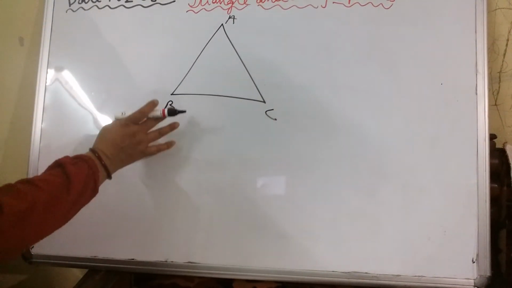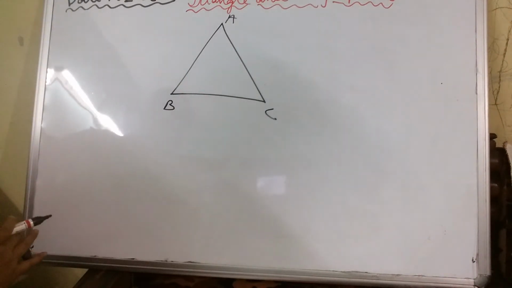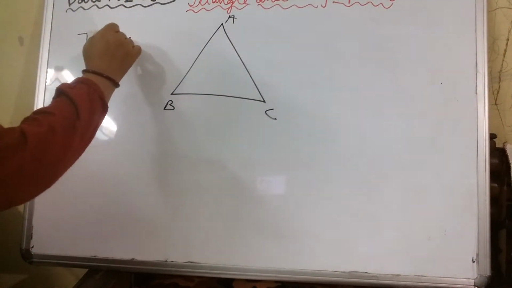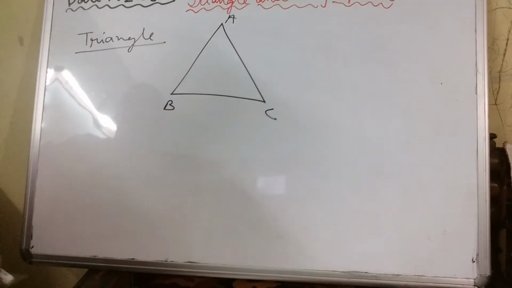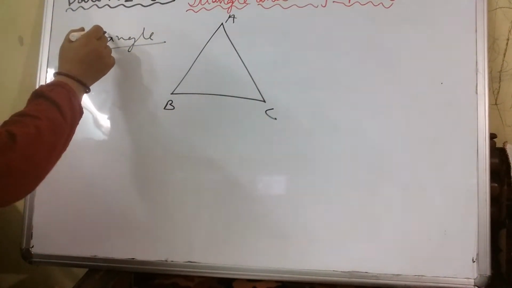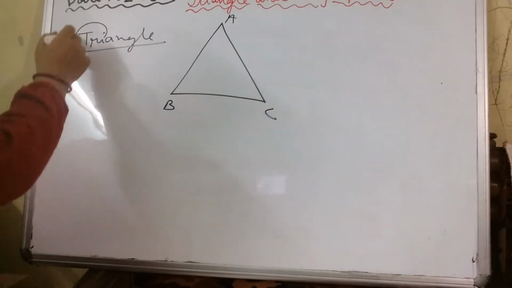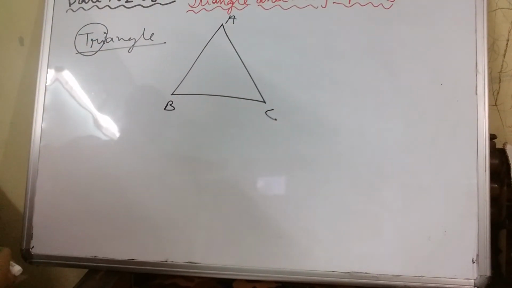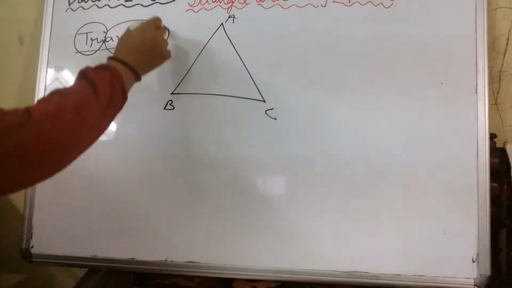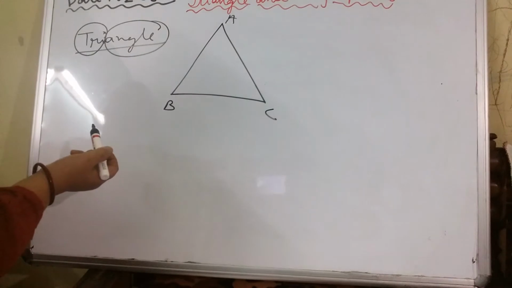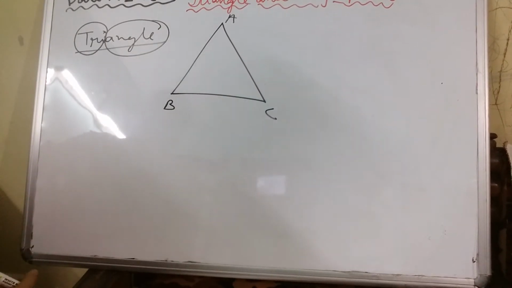This figure is called a triangle. The word triangle can be easily understood: tri means three and angle means that the plane figure which is having three angles, that is triangle.